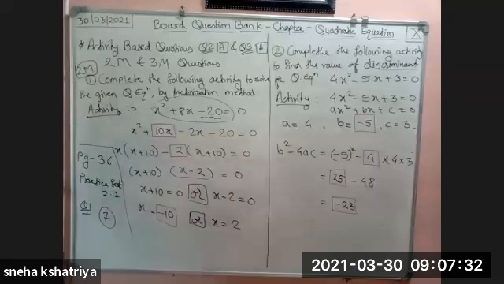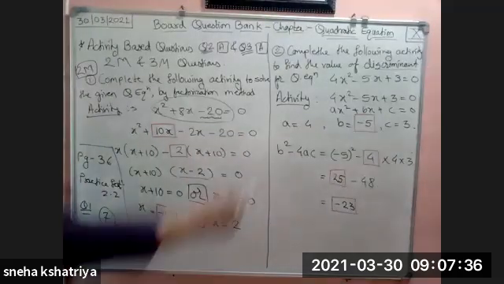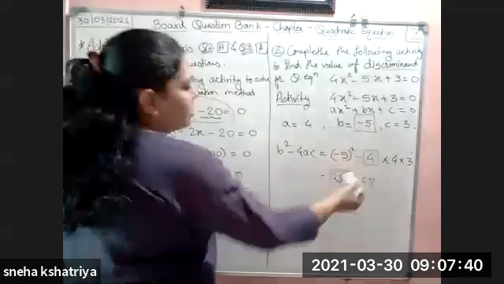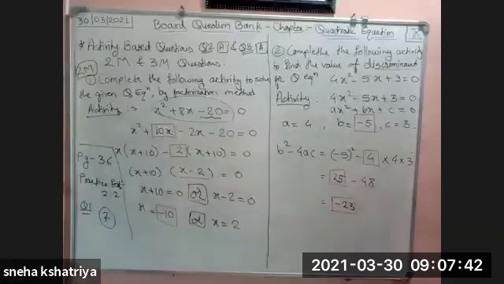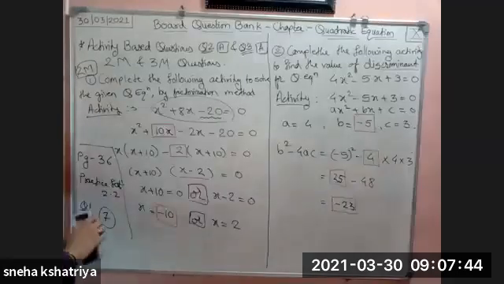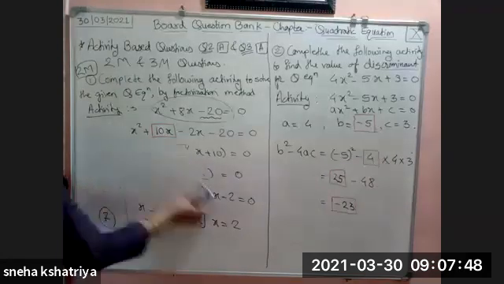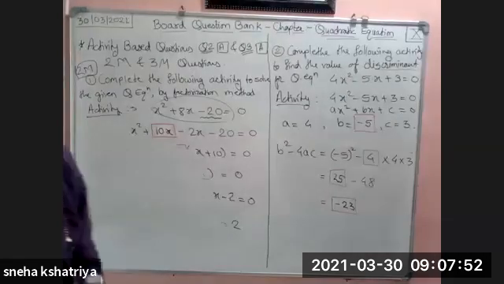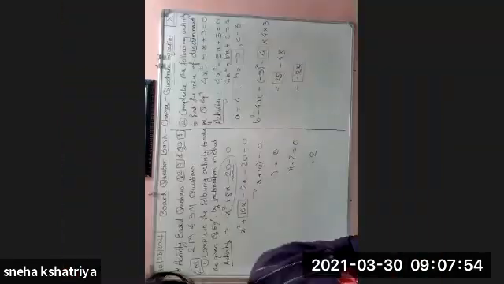Any extra step we don't have to do. This is a very easy kind of example. Only the boxes that are given to you, that only you have to fill up. I hope you have understood these 2 examples. They are very easy. If you have any doubt, let's take it.